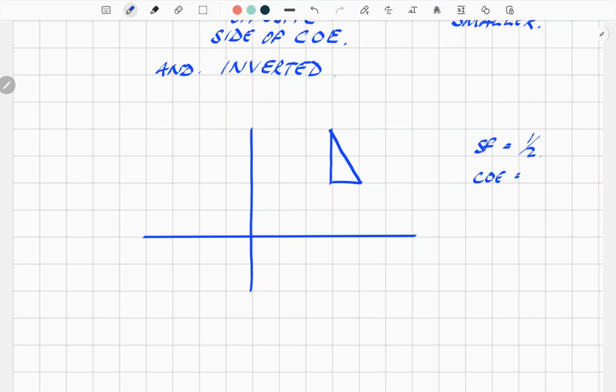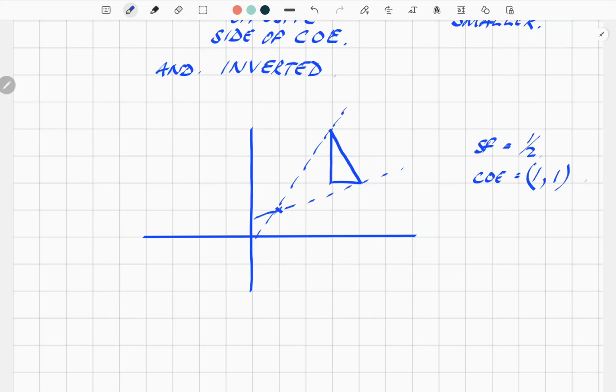Actually, I'm going to do scale factor half from 1, 1. So my center of enlargement is this point here, and I'm going to do everything relative to this point. This time, you can't just multiply the coordinates. You actually have to draw the lines. So here, try and do that, and like that.